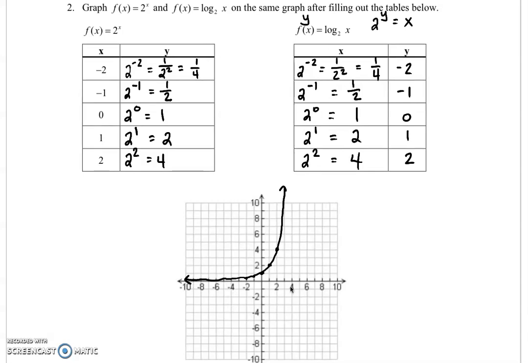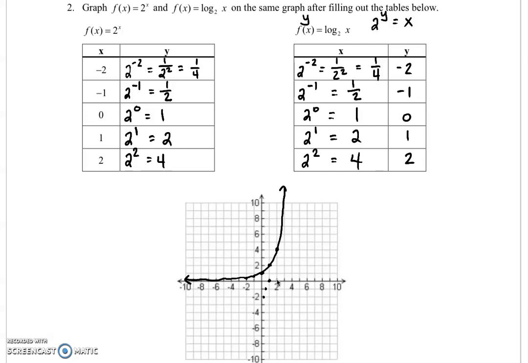Now let's do our log base 2. So when x is a quarter, y is negative 2. When x is a half, y is negative 1. When x is 1, y is 0.